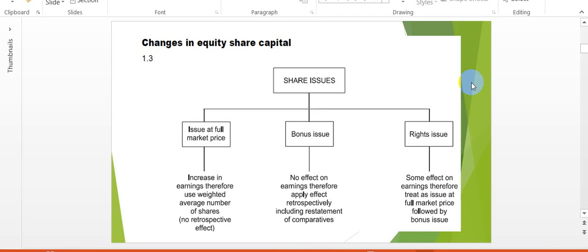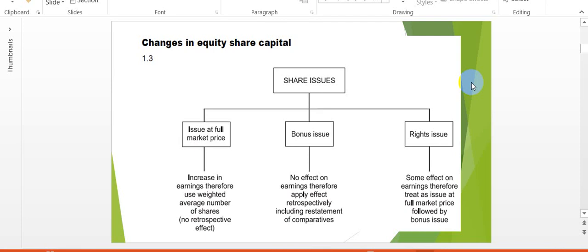So these are the three ways in which shares may be issued, and this is where the questions will be drawn from. So understand very well how the computations will be done and the effect on the EPS.